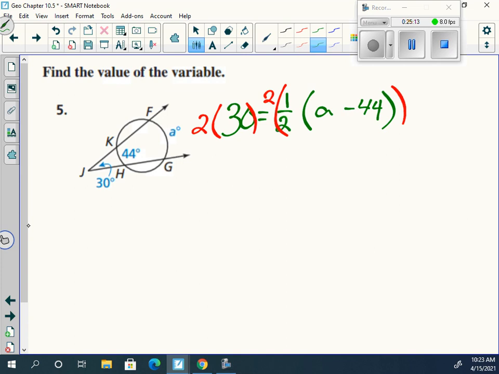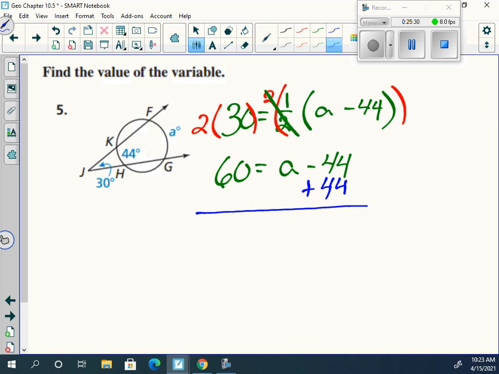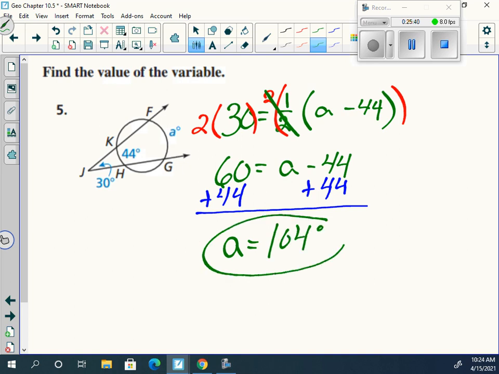In doing so, 2 times 30 is 60, and then add 44 to both sides. A is equal to 104, 104 degrees.